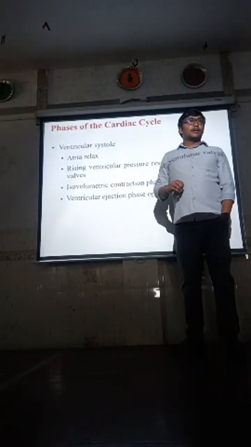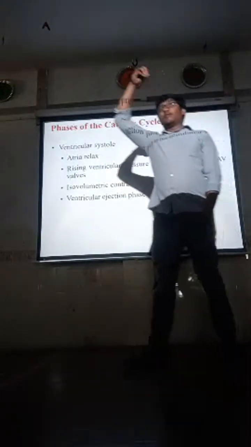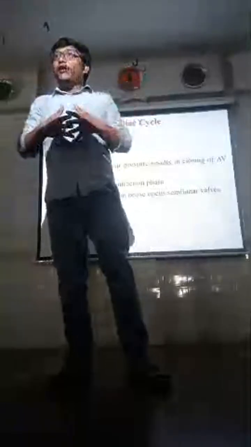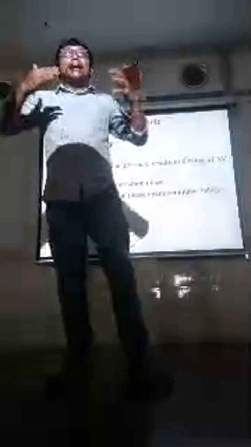Do you understand my point? From the atrium, blood enters the ventricle when the tricuspid valve and bicuspid valve are open. Now when the ventricle contracts, if those valves are open, the blood will go back.